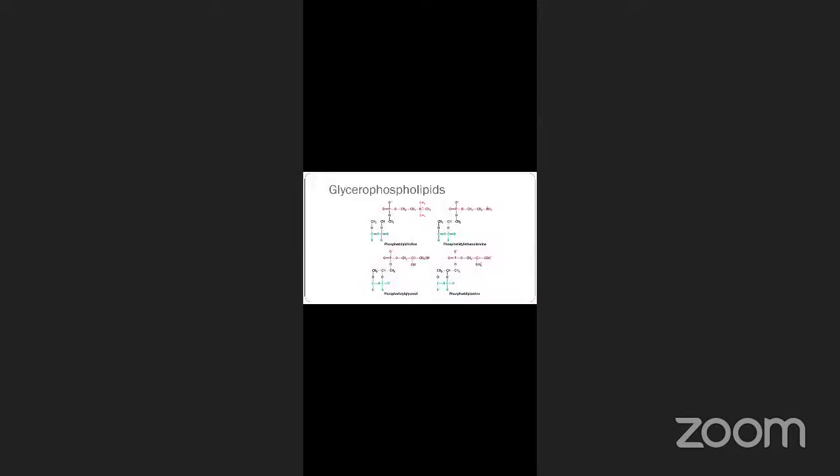This is phosphatidylcholine. This is the glycerol. You have phosphate and choline linked to the glycerol, and you have two fatty acid chains. So the phosphate group at the top, the red one, and the choline. These are the glycerophospholipids.